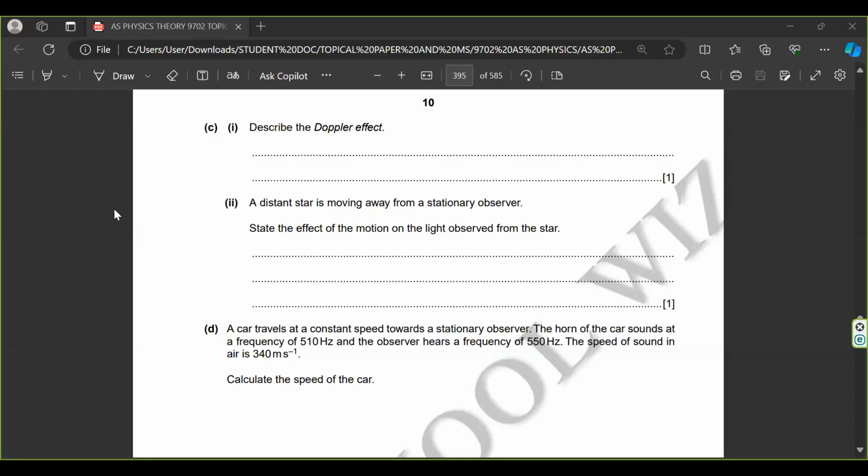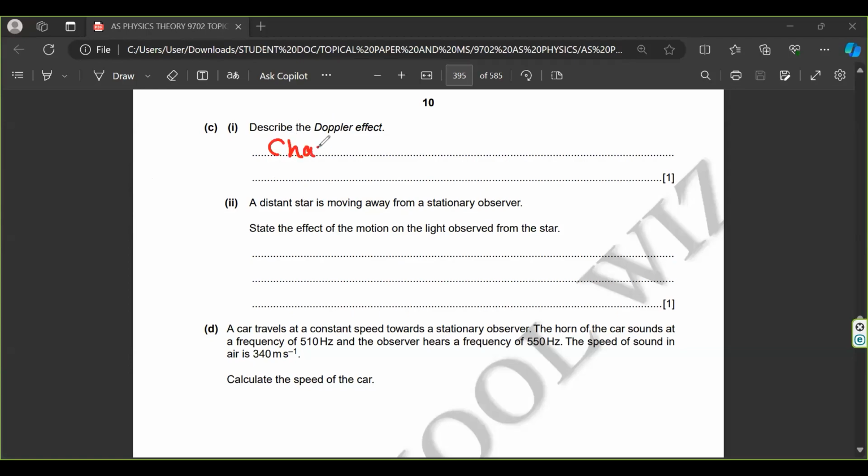This is another question from the same question paper booklet, and this question is from the year 2022, May, June 16. This question says, describe the Doppler effect. What exactly is the Doppler effect? If you want to define the Doppler effect, it's a change or difference in the observed frequency when the source is moving relative to the observer.